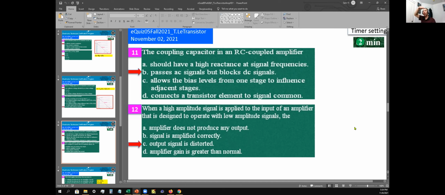If it gets amplified to like 15 volt, but the design is only 12 volt, it's only displayed up to 12 volt, and anything above that gets cut, and the bottom gets cut off too. So the answer to 12 is C. The output signal is distorted.